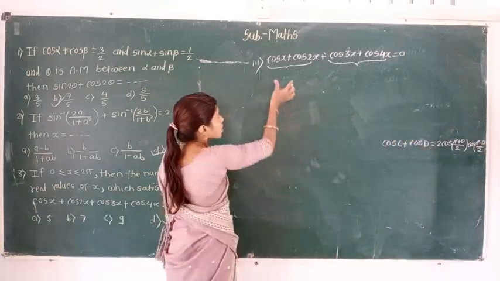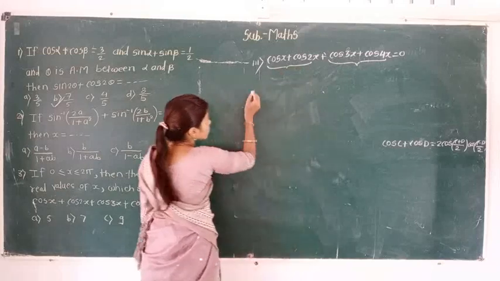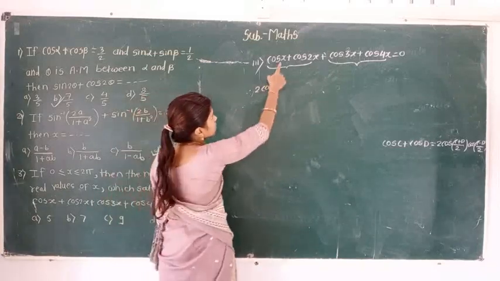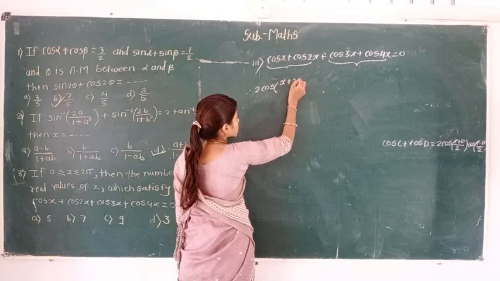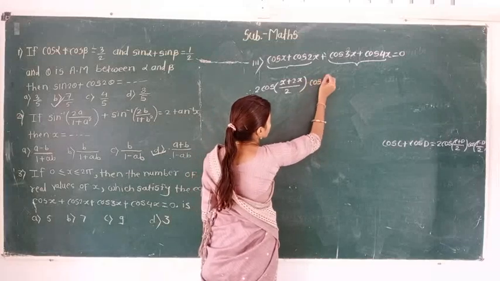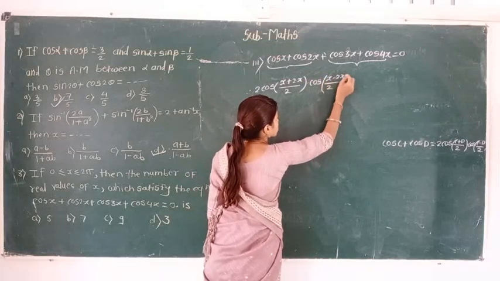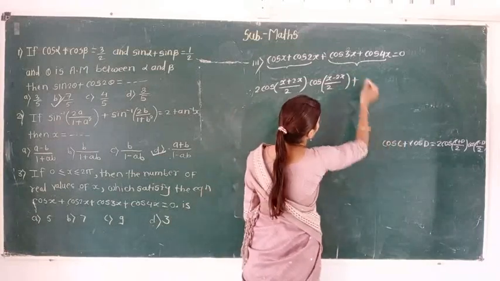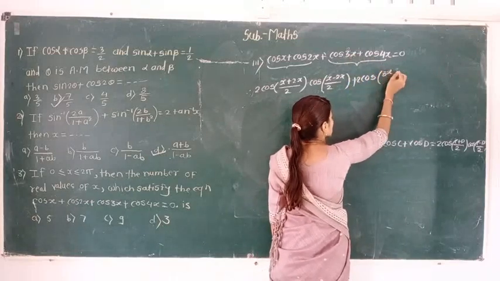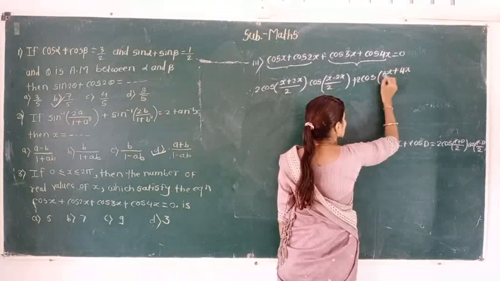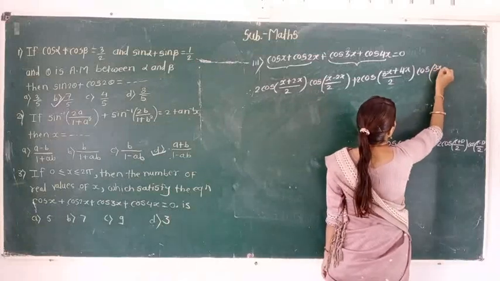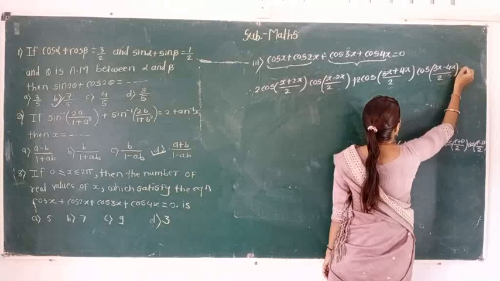So for cos x plus cos 2x we can write 2 cos((x plus 2x) divided by 2) into cos((x minus 2x) divided by 2), plus, using the same formula, 2 cos((3x plus 4x) divided by 2) into cos((3x minus 4x) divided by 2), is equal to 0.